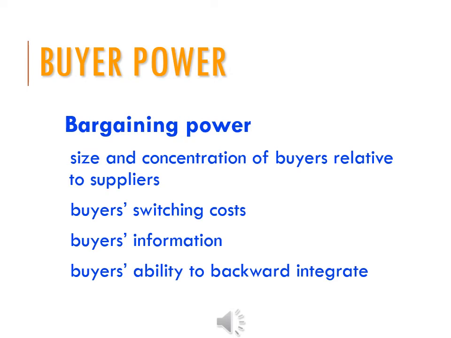You might need to say yes, because if you don't reduce the price, I'm going to buy from another person, and I have a very low switching cost. So you are basically threatened by your customer because I have huge bargaining power.